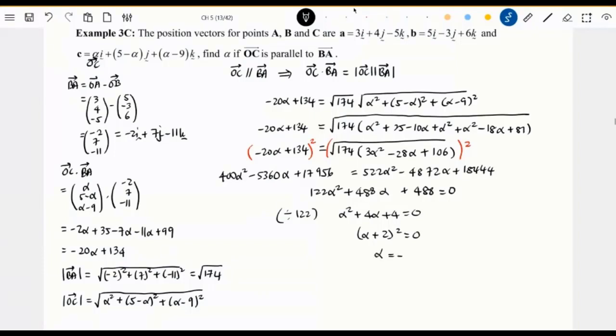So your alpha should be negative 2. Okay? Tadi kita silap dekat sini. Saya silap dekat sini kan? Okay. Alright, thank you. Okay, so far clear? Ya Miss. Clear. Okay, dah habis salin dah? Dah, Miss.